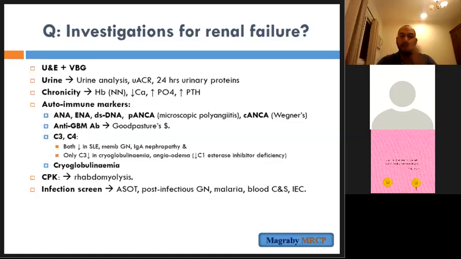And as I mentioned, imaging: ultrasound of the kidney, renal duplex to rule out renal artery stenosis, and finally the kidney biopsy.